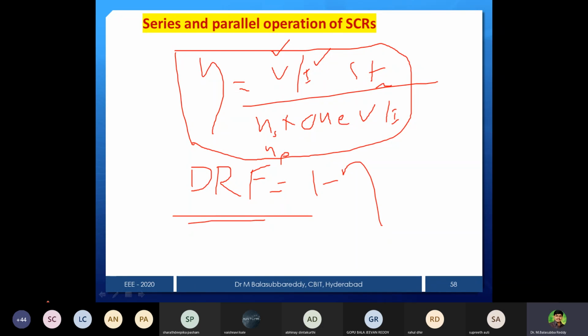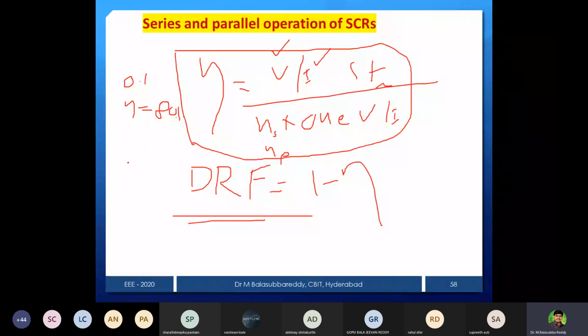Once you know the string efficiency, in some cases they ask: if the derating factor is 0.1, how many SCRs are connected in series and parallel? The derating factor is 0.1, and sometimes they also give the string efficiency, say 80%.